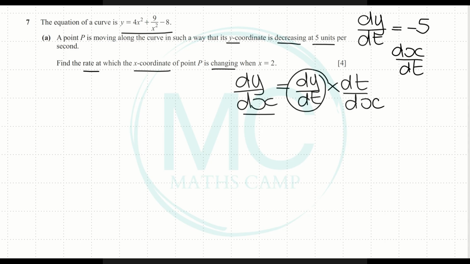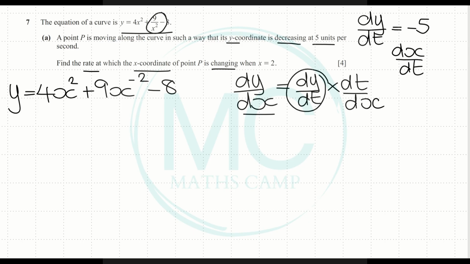So the first thing we need to do is to change this fraction and give it an x term with a negative exponent. So we can rewrite this as y is equal to 4x squared plus 9x with an exponent of -2 minus 8.